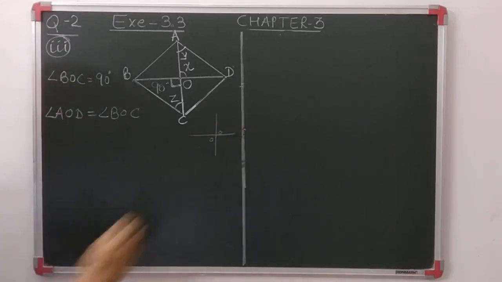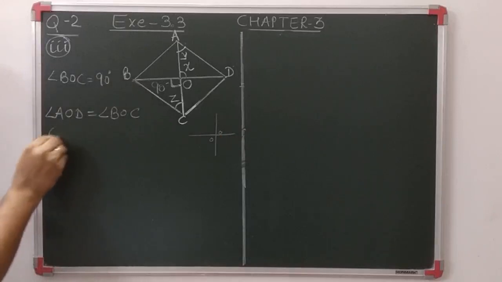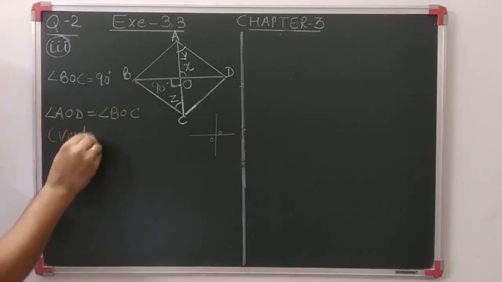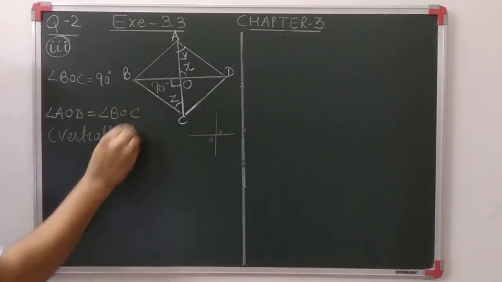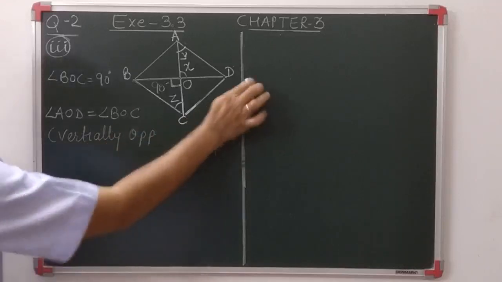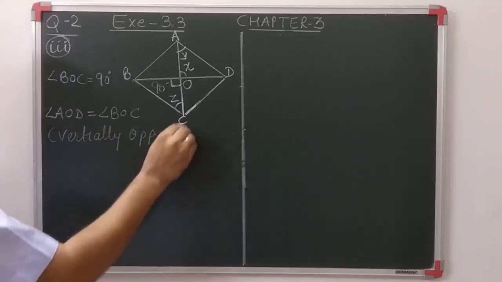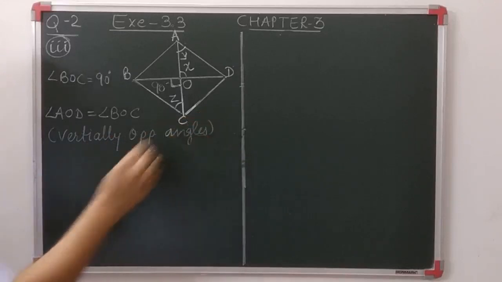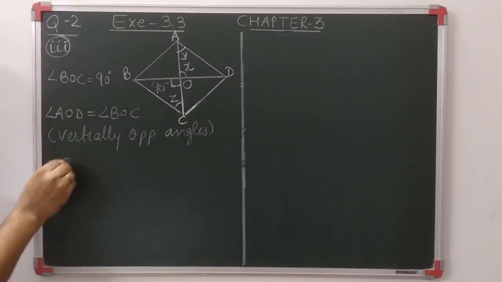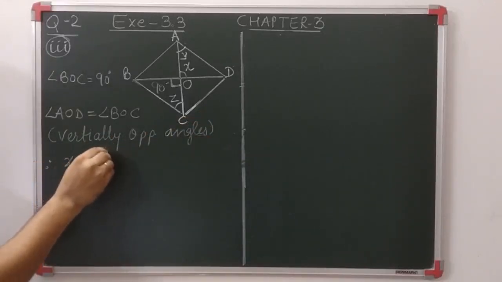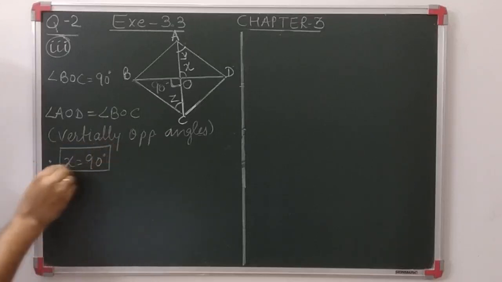Remember this too. We discussed in the 7th standard also, you learned. So we can see they are vertically opposite angles. So you can see that X is obtained, AOD is X. So the value of X we obtain, that is 90 degree.